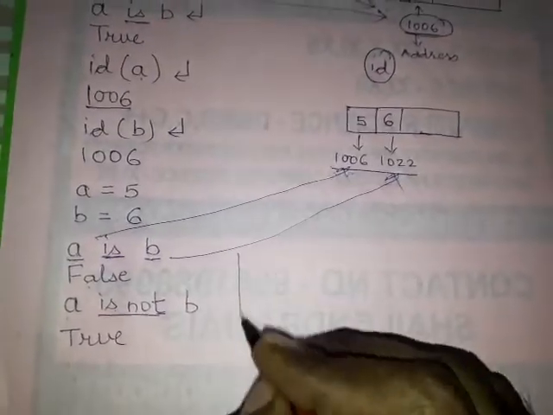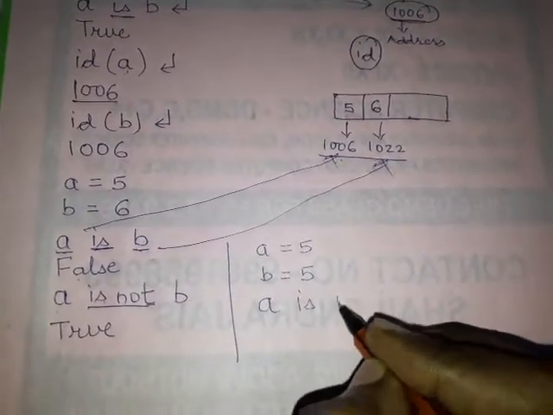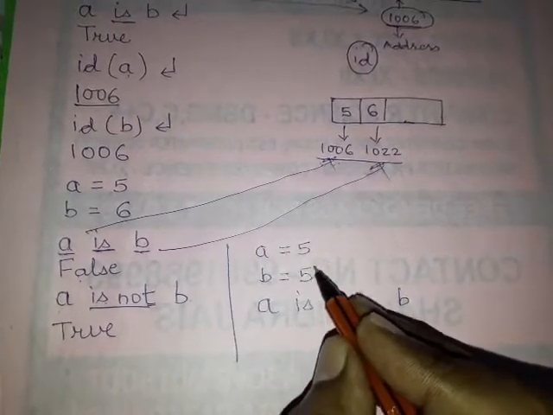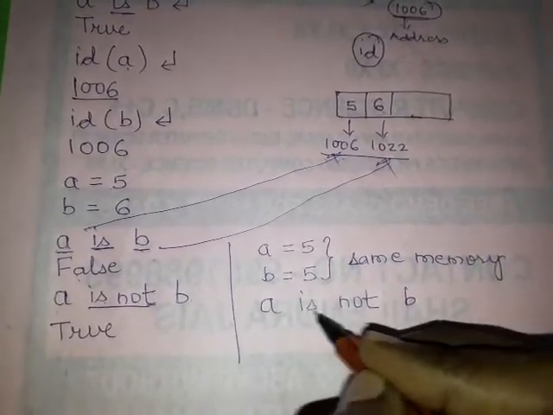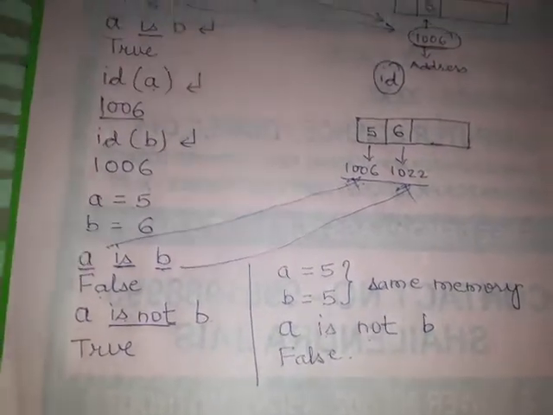If a equals 5 and b is also equal to 5, then a is not b will give, in this case, both are referencing the same memory address, so is not will return false. So this is the main case.